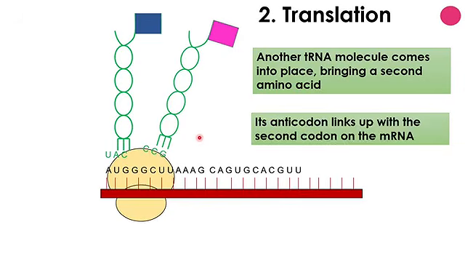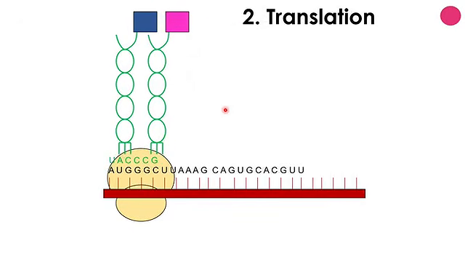Okay, so the second tRNA is brought to the ribosome, and then something special needs to happen. These two amino acids need to link up because we want a whole chain of amino acids. Because we want to make a protein and we need a whole chain of them, they can't just be loose next to each other, they have to bind.